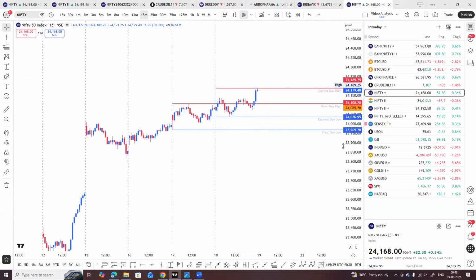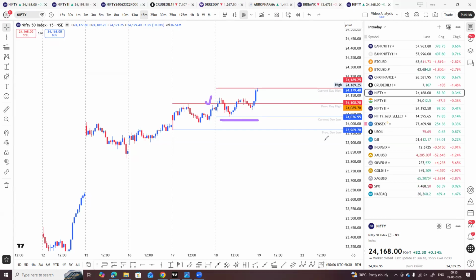So now coming to Nifty, what exactly happened in today's market? Nifty closed approximately at 24,168 after breaking above the previous day high, that is previous day high of 24,108. Current day high is 24,189, and current day low, if we see, is 24,037.